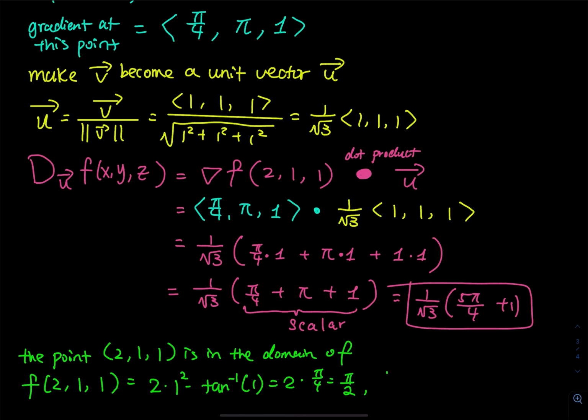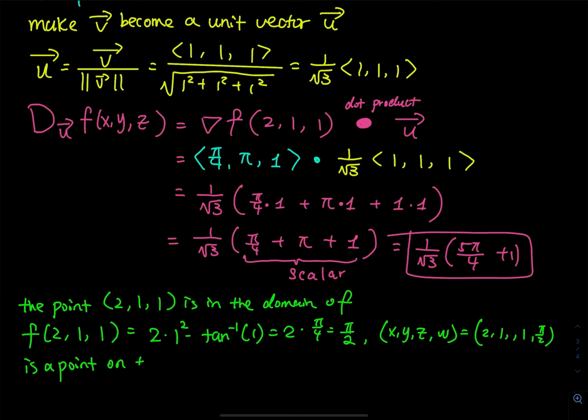So now we have a point x, y, z, and then the dependent variable w. We have one of each coordinate, 2, 1, 1, and then pi over 2. This is a point on the surface of the function.